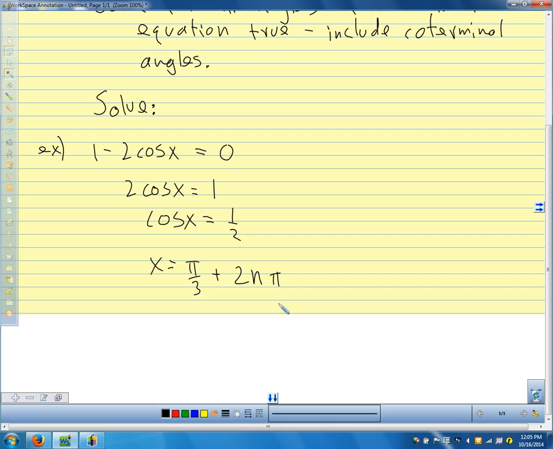It could be plus or minus, and we take care of that by saying n could be positive or negative. n could be 0, 1, 2, 3, negative 1, negative 2, negative 3 also. So what's our other possibility that gives us cosine x equals 1/2? 5 pi over 3.